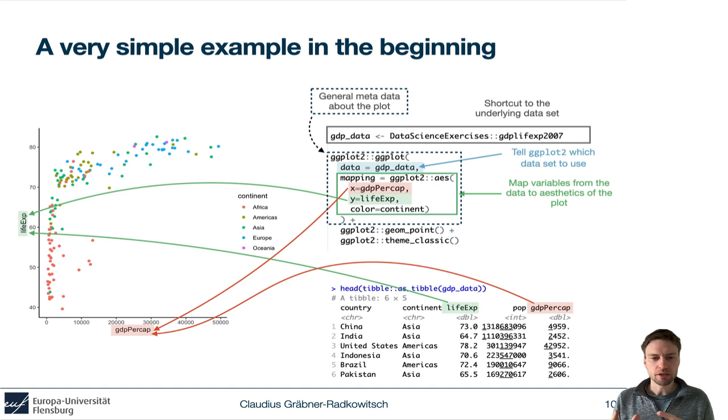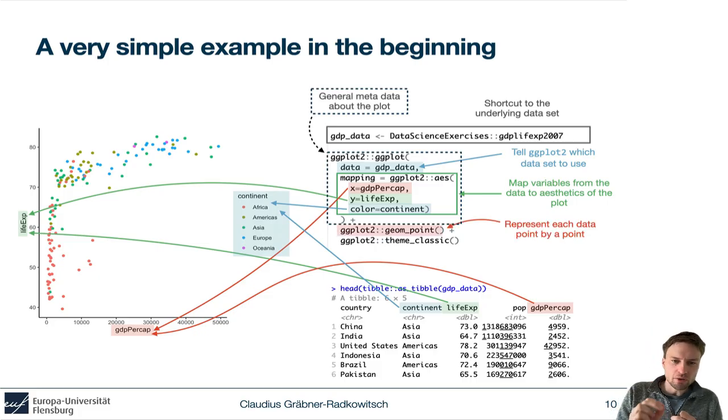From these two variables, x and y, we have the geometric position for each point that we then later see in the plot. But so far, this only refers to the x and y axis. There's nothing about points so far. The third default association we have is the color. So we want to color points according to the continent that is given in the data.